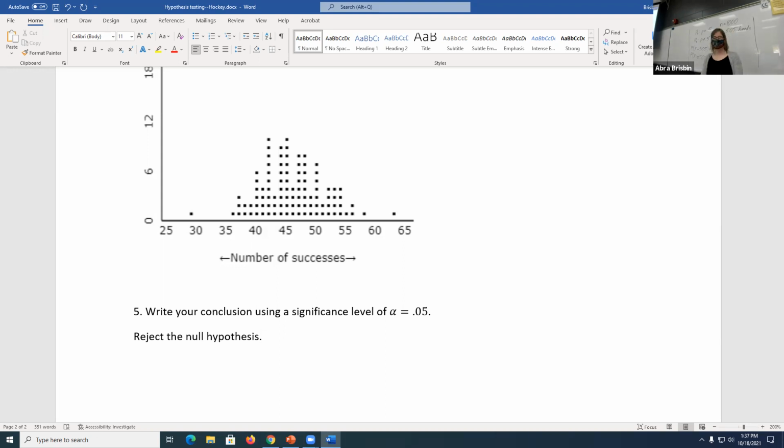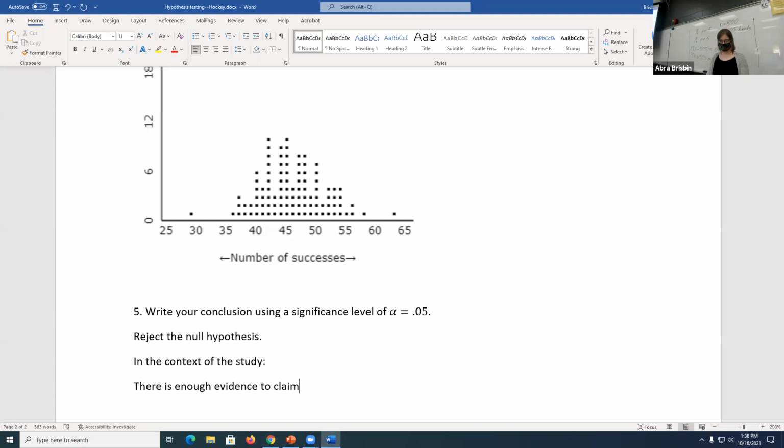So if our question had asked us to write our conclusion in the context of the study, then we would want to say there is enough evidence to claim, and then fill in the blank with the alternative hypothesis.